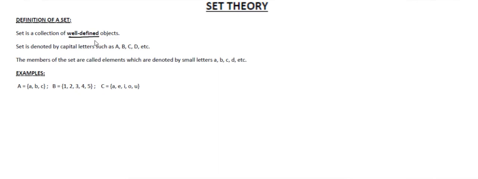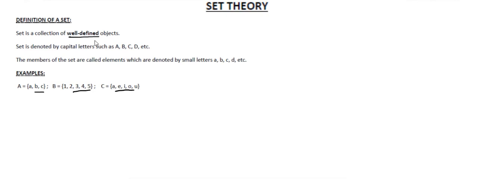Now we will represent the set with capital letters, and the elements inside it with small letters. For example, capital A equals {a, b, c}, capital B equals {1, 2, 3, 4, 5}, and capital C equals {a, e, i, o, u}.